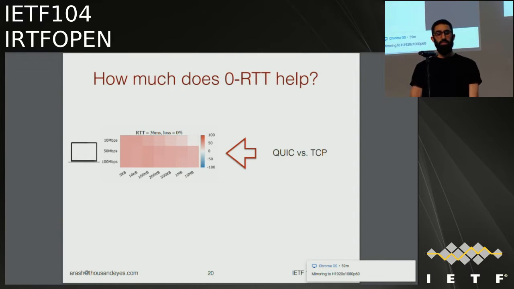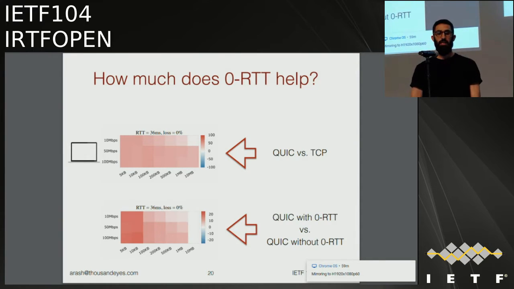This time we ran a test, and instead of comparing QUIC with TCP, we're comparing QUIC with zero RTT and QUIC without zero RTT. Red means QUIC with zero RTT is doing better. As you can see in the plot, most of the plot is red, which is great. But you can really sense this benefit of zero RTT when the object size is small.